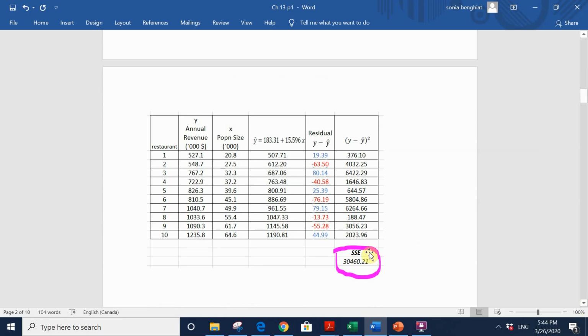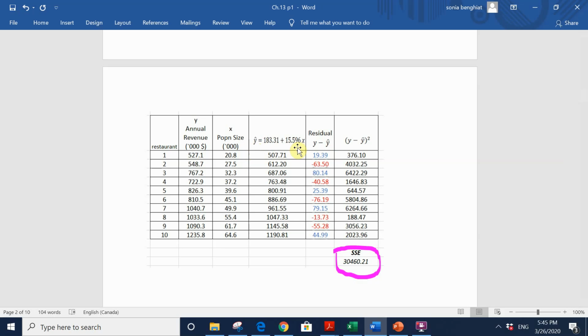Why do we call it unexplained variation? Well, it is for the simple reason that there is some variation from one restaurant to another, for reasons that are not explained by the model. The model is able to explain or predict annual revenues, y, to some extent, but then there is that error or random component that also comes into play.